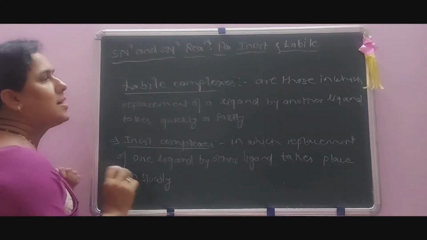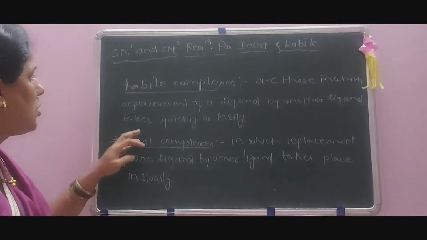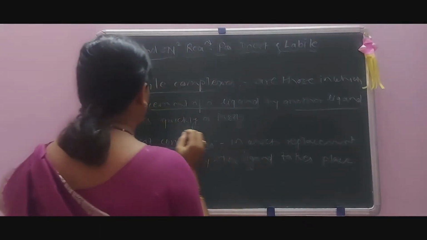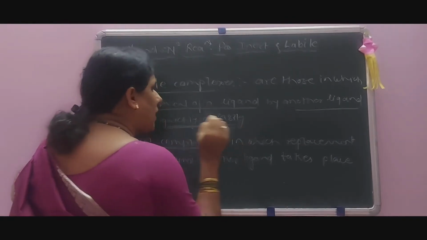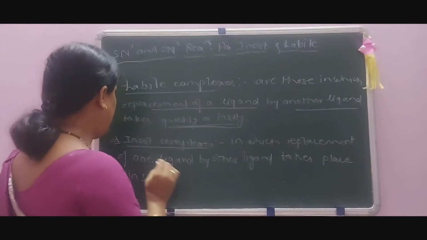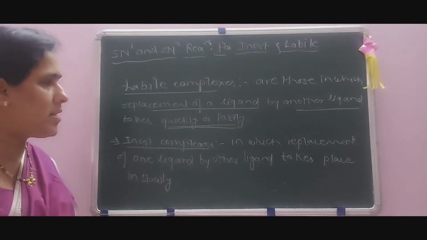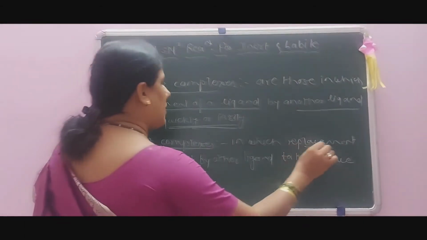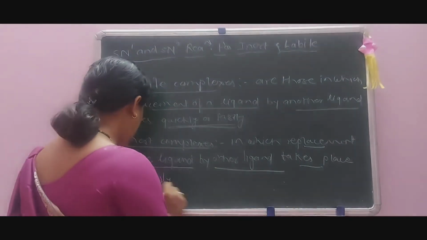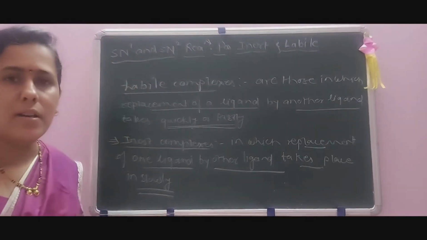Labile complexes are those in which the replacement of a ligand by another ligand takes place quickly or fastly. Inert complexes are those in which the replacement of one ligand by another ligand takes place slowly.